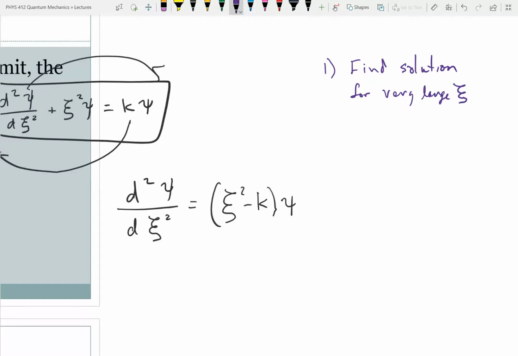Find the solution for very large xi. Now, if xi is very large, then what is xi squared minus K going to approximately equal? You know, let's say K is 1, xi is 2 billion. Xi squared. Yeah.